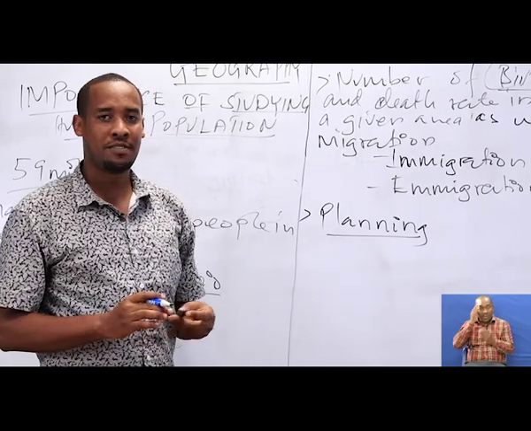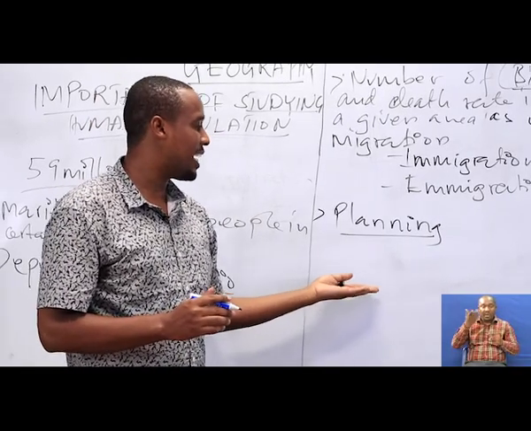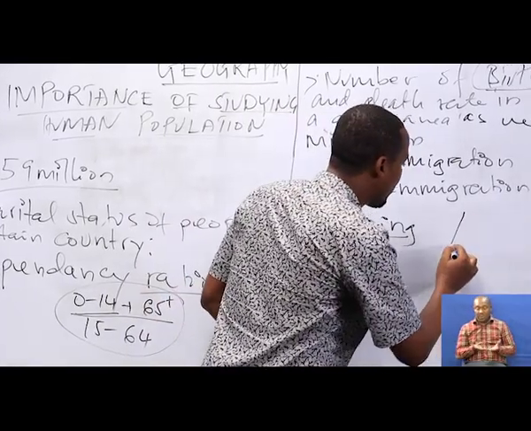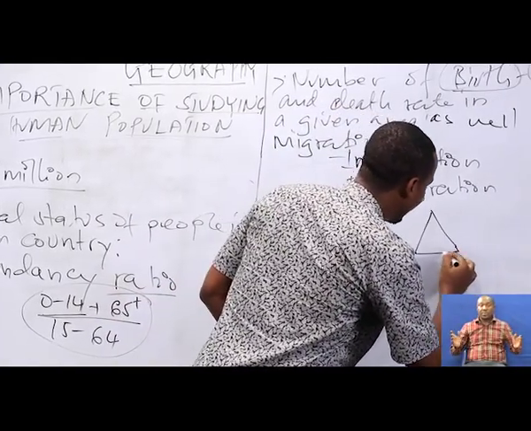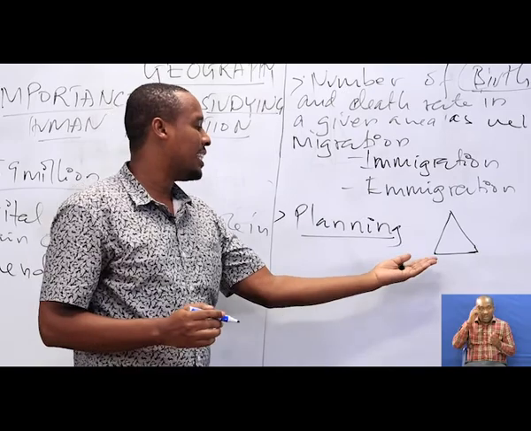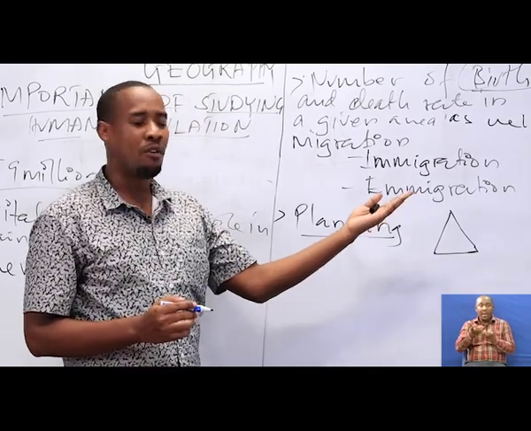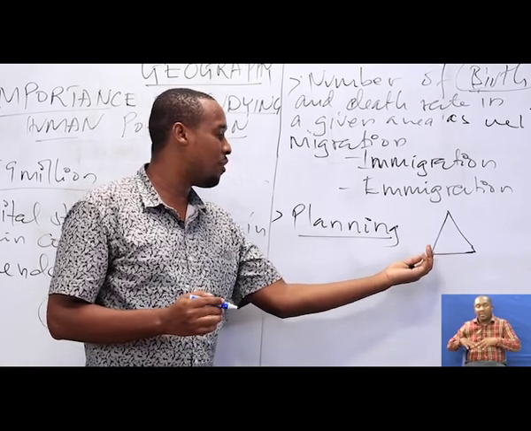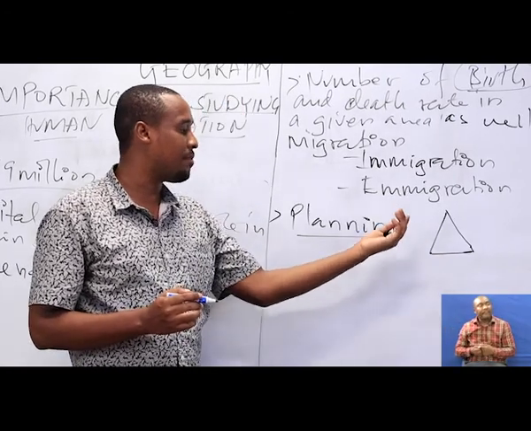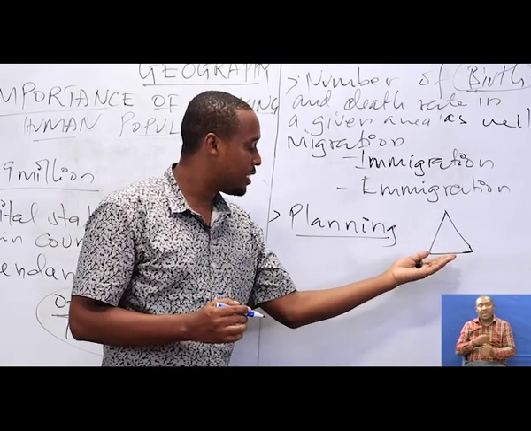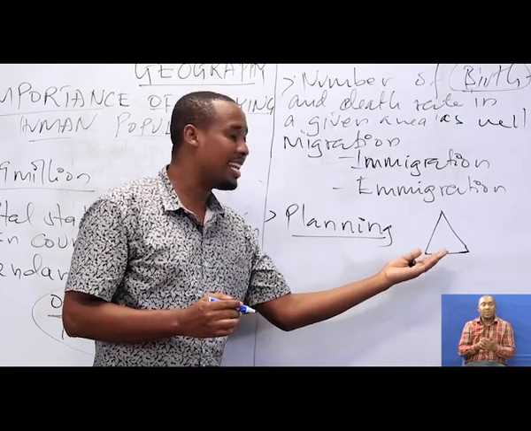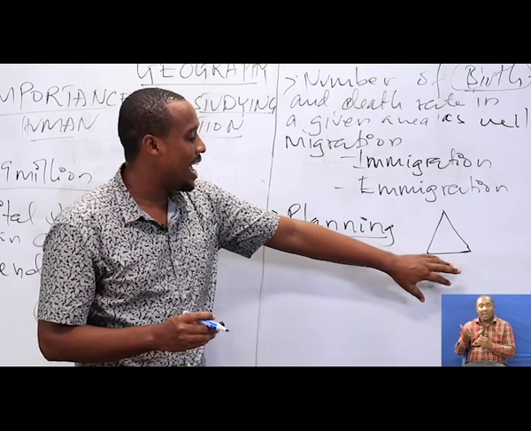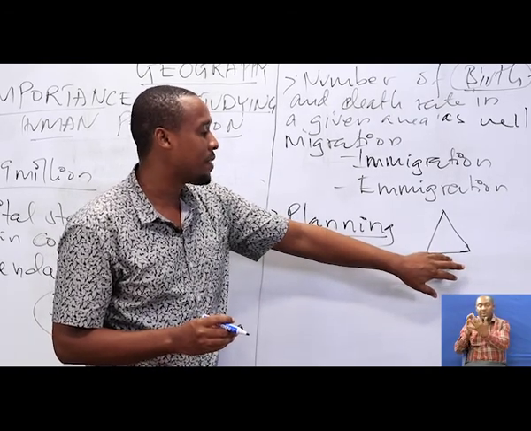For example, if the government knows that their population pyramid is broad at the base, it means that there is high demand for schools, health centers, dispensaries and hospitals, because it indicates that there is a high number of children in the population.